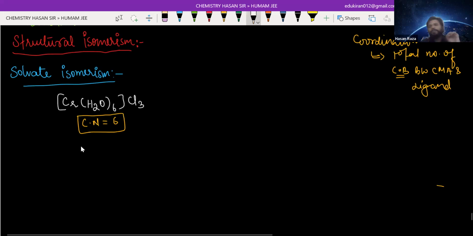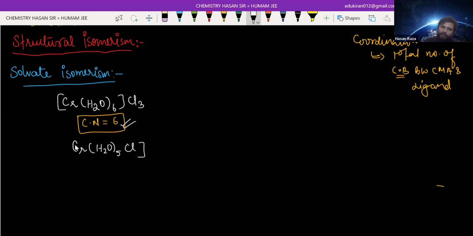Now, what is solvent isomerism? When there will be exchange, or you are going to decrease basically [Cr(H2O)6]. Since I told you the ligands, the coordination number will be constant. Now the coordination number is constant and there will be exchange between the water molecule and the counter ion.